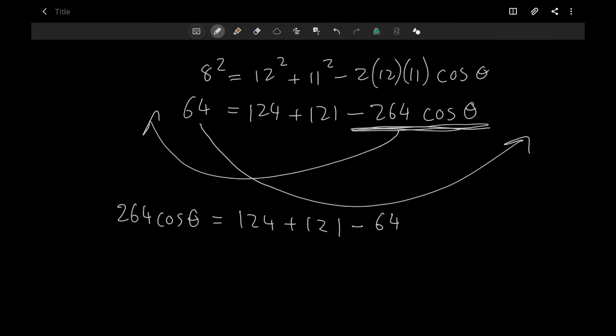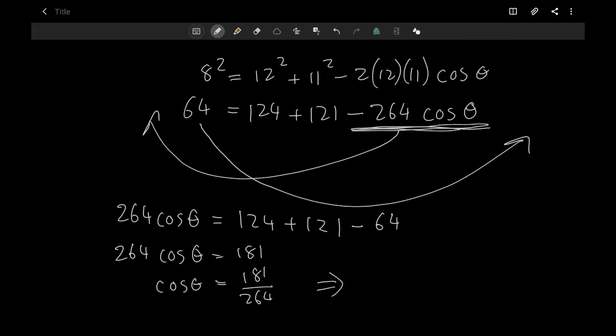When we simplify that further, we get 264 cos theta is equal to 201. Now we solve for cos theta by dividing both sides by 264. That gives us cos theta is equal to 201 over 264. The final step is to find theta.